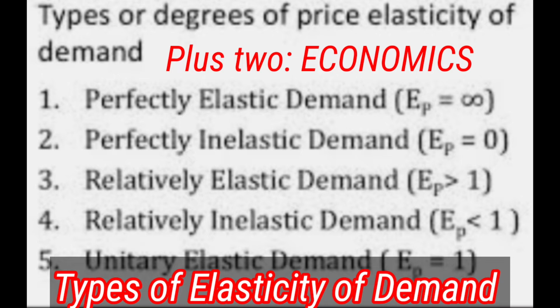And relatively inelastic demand, here EP or ED, both you can say, is smaller than 1. And then unitary elasticity of demand, it is EP or you can say ED is equal to 1, right? Now we will study how this is shown in each graph. Okay students, ready for that?